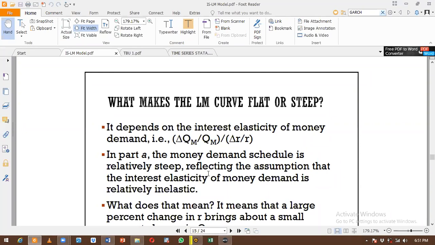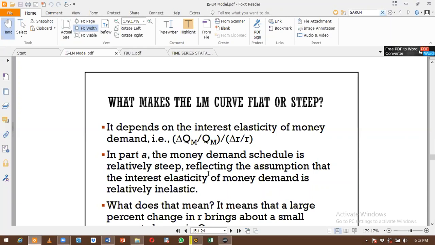But if money demand is very sensitive to the interest rate, and income has increased, you just need to increase the interest rate by a very small margin to bring the market back to equilibrium, because money demand is very sensitive to changes in the interest rate.